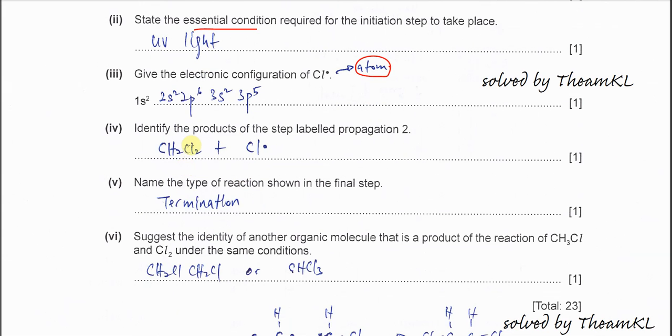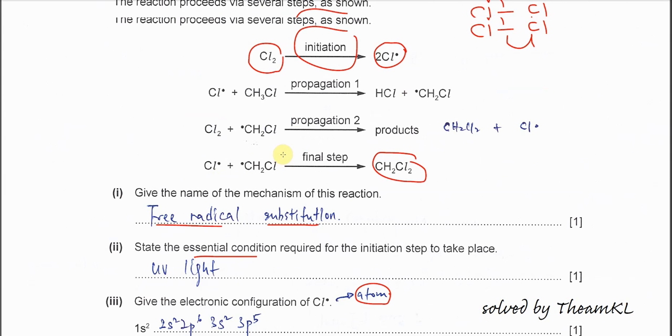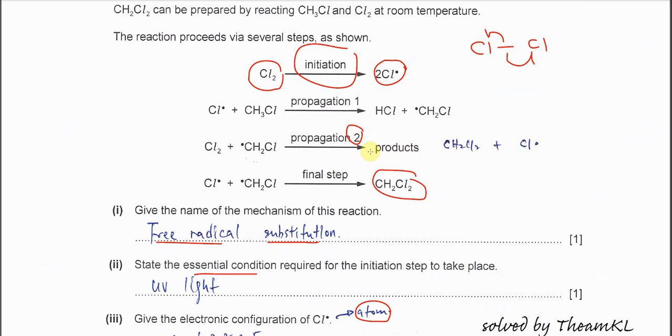Part 4. Identify the products of the step labeled propagation 2. This one is the radical CH2Cl. When this radical approaches a chlorine molecule, the chlorine molecule will undergo homolytic fission. It will induce the bond breaking, and after that, it will form 2 chlorine radicals.